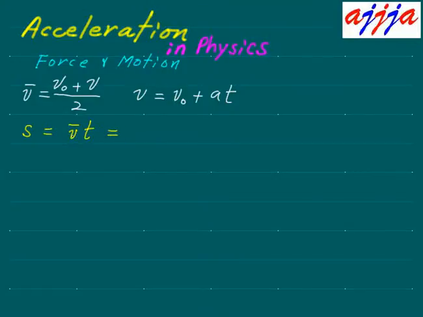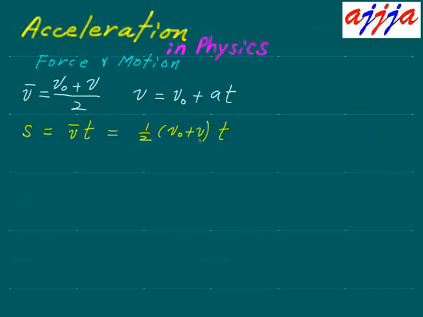Now I'm going to replace this average velocity with this. Then actually half, which is divided by, v0 plus v, then t. Oh man, very interesting.